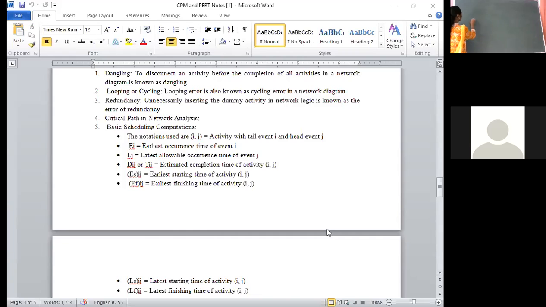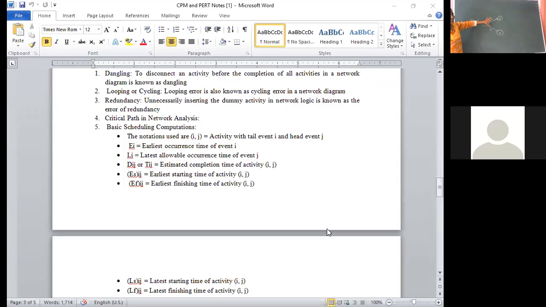Here, one more example. Try to understand this. See, activity A is nothing but the preceding activity. B and C are succeeding activities.